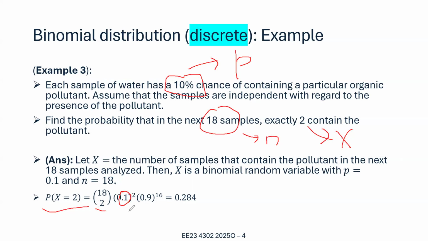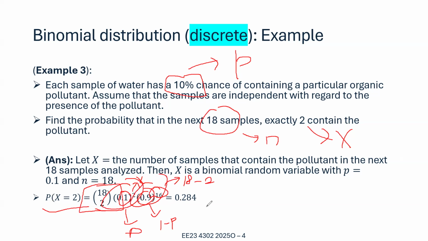So this is p to the power of the number of successes that we specify, and this is 1 minus p to the power of the number of non-successes, which is 18 minus 2, in other words the number of failures that we are concerned with. So we get the combination, the success part, and the failure part.